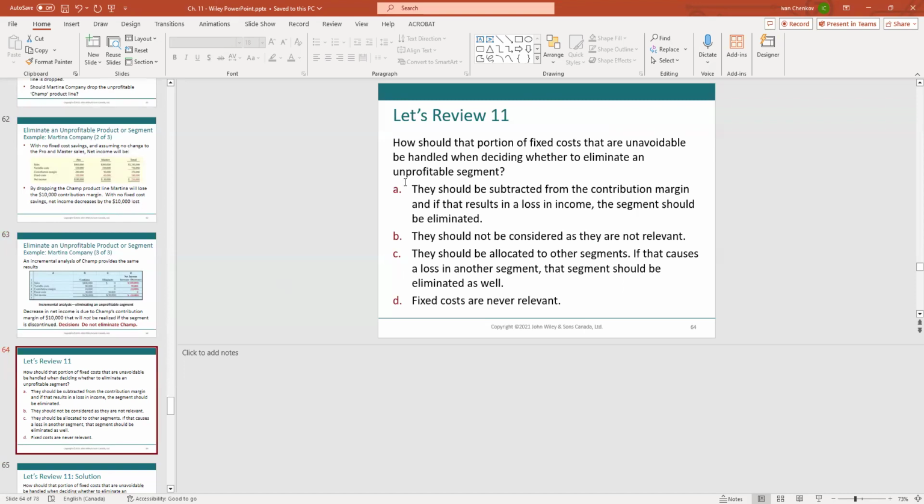Now, how should the portion of the fixed costs that are unavoidable be handled when deciding whether to eliminate the unprofitable segment?